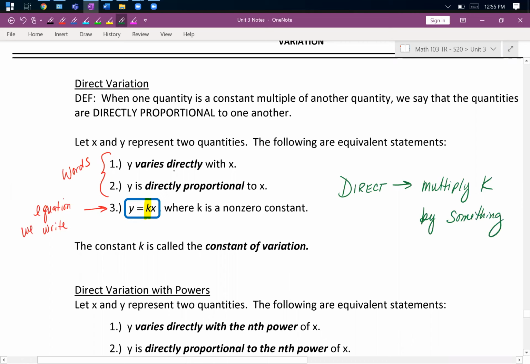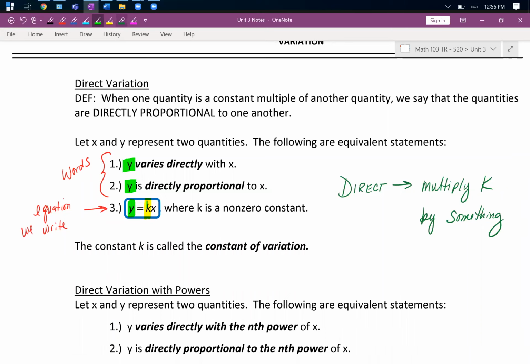And notice with both sets of words there, whether it's varies directly or directly proportional. I'm sorry, does somebody have a question? All right, you'll notice that the variable that occurs before the words varies directly or directly proportional is the standalone variable.